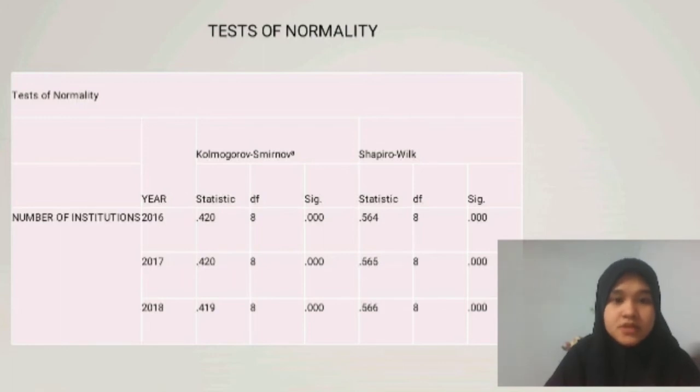The Shapiro-Wilk test of normality on the institution gives a p-value of 0.000, which is less than 0.05. Thus, the assumption of non-normality is made, the same as with Kolmogorov-Smirnov.